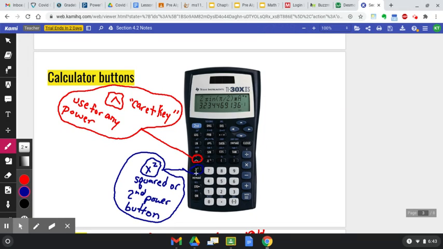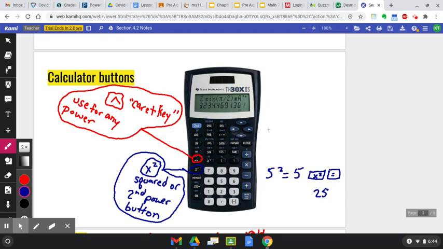But the thing is that only works when it's a power of 2. For example, if I want to figure out what 5 squared is, right? First of all, we should know that. But if we want to check our answer on a calculator, I could type in 5 and then hit that x squared button, and then I hit my enter right here, or equals, and it should tell me 25.